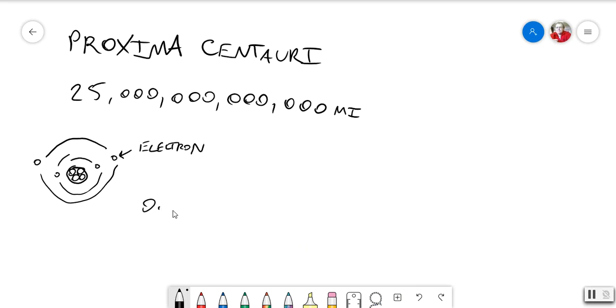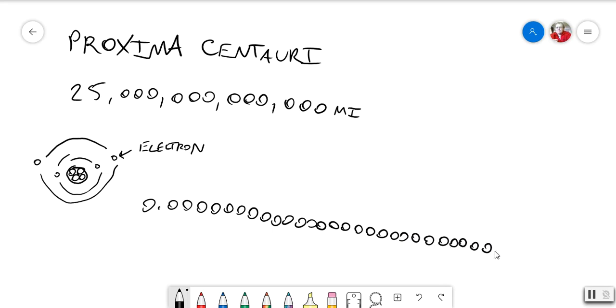It is about that much of a kilogram, which is tens, hundreds, thousands, millions, billions, trillions, quadrillions, quintillions, sextillions, septillions, octillions, nonillionths.